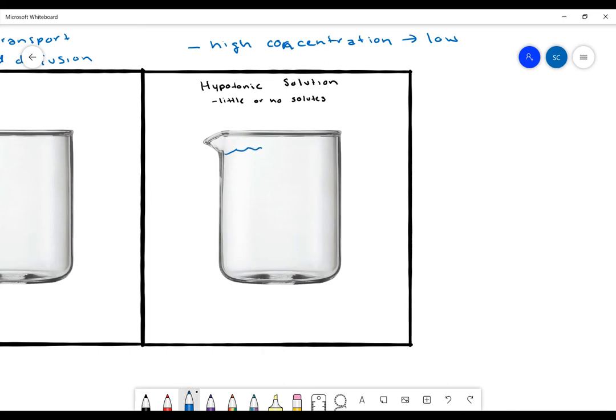So again, if we draw our liquid in there, and we have our cell. So you're going to have pretty much only water molecules in our beaker, taking up all the space.